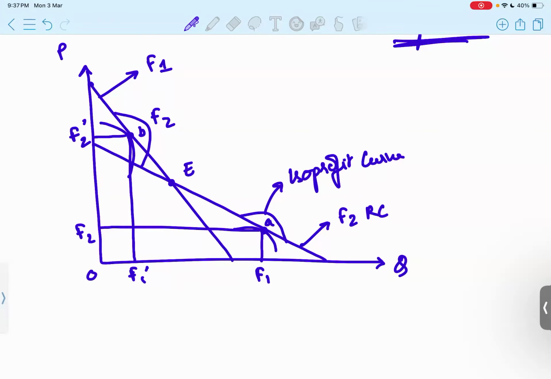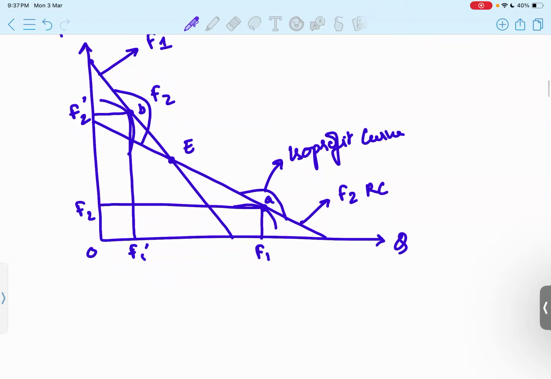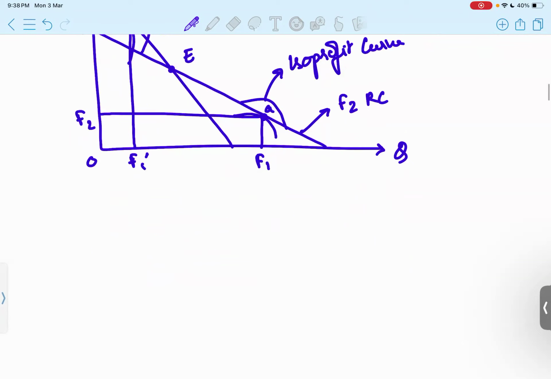So what are the isoprofit curves, or we can say the reaction curves, representing? Reaction curves are representing the locus of the points which denote the highest profit points of each firm, given that the output of the other firm remains unchanged, and that is also considered by that particular firm. So this is what the reaction curves are representing.